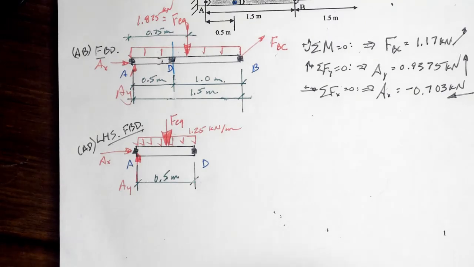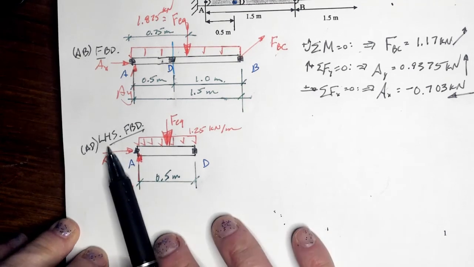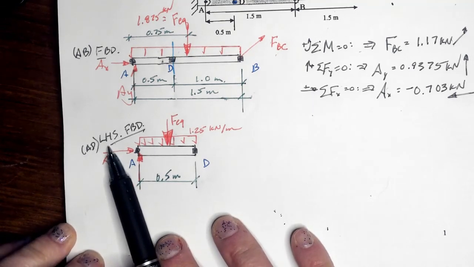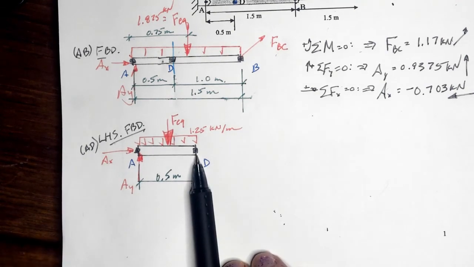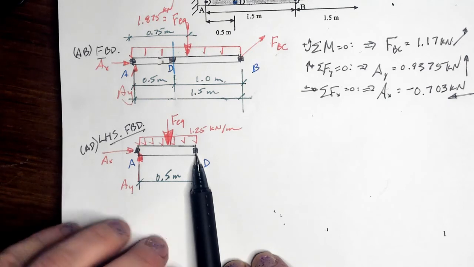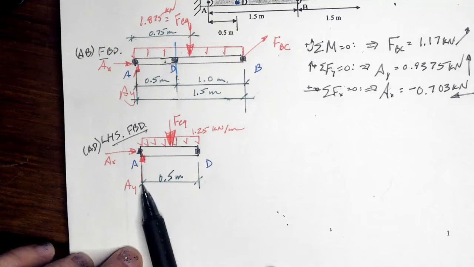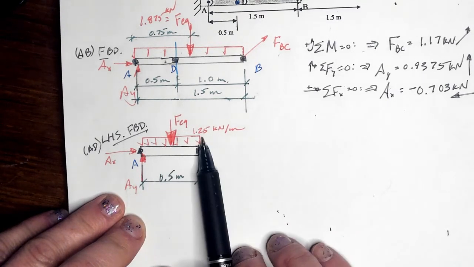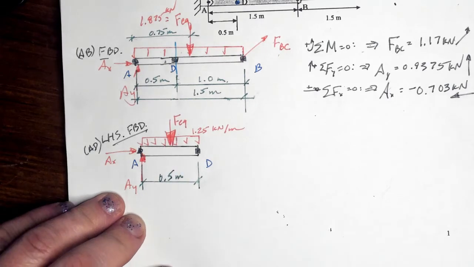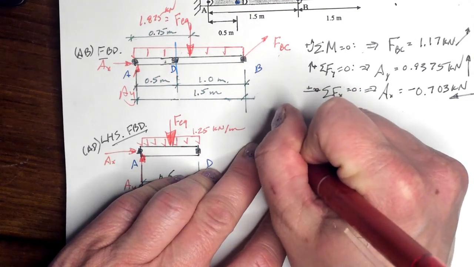Okay, I took a moment here to draw this out. We have a free body diagram of the left-hand side. So it is member AD at this point. We sectioned it at D. Maybe this is a pipe, so maybe it's a hollow circular cross-section. We would still have A_X and A_Y. We have our distributed load that has some sort of an F_EQ. We can even calculate what that F_EQ is.